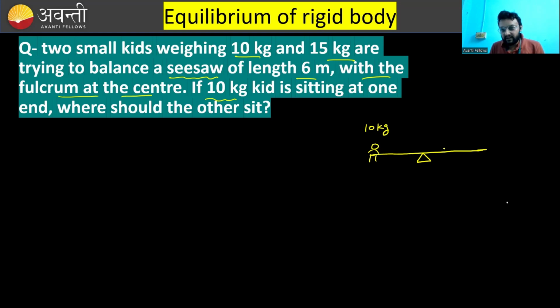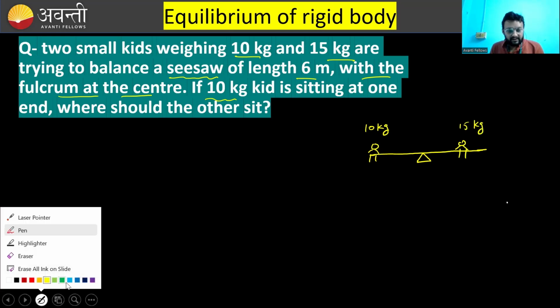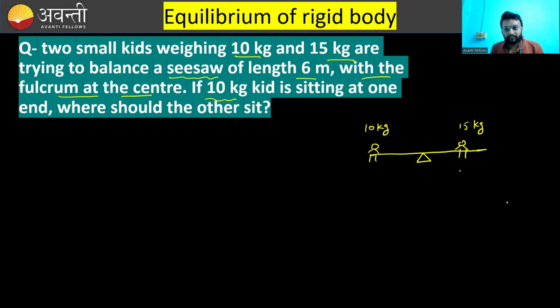He must sit somewhere on the right side of the seesaw. So I have placed the second kid, who is 15 kg, on the right side. Now, let's assume a few things. First, let's assume his distance from the center as x.